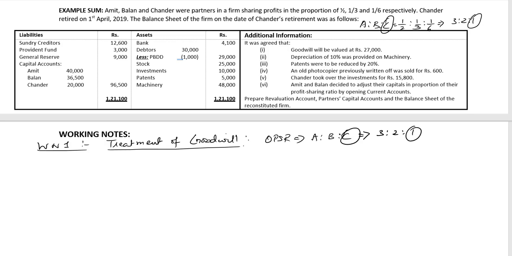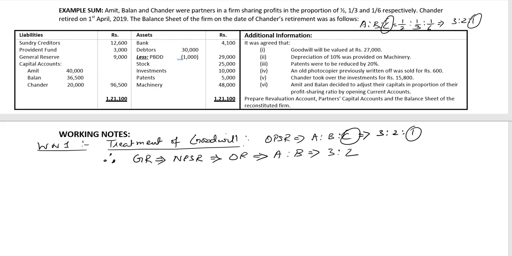There is no mention about the gain or gaining ratio or even the NPSR. Hence, the gaining ratio is equal to the NPSR is equal to the OPSR between A and B, which is 3:2. So both the gaining ratio and the new profit sharing ratio between A and B is their old profit sharing ratio between them, which is 3:2.